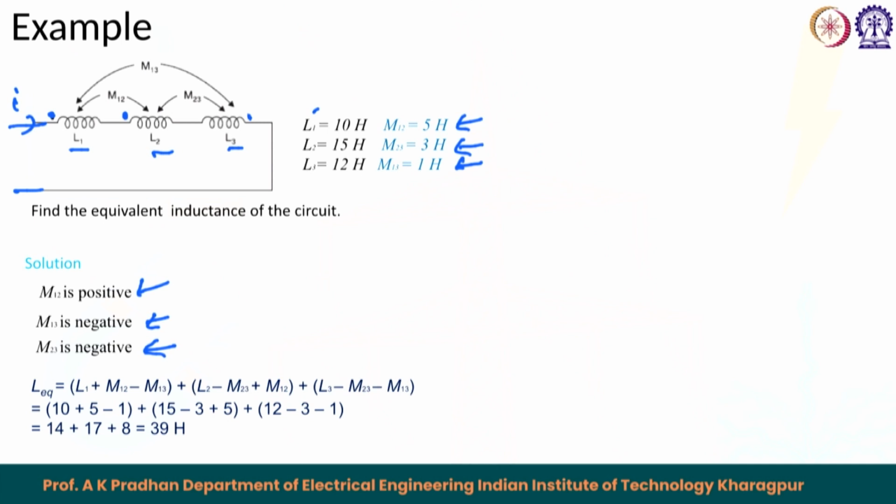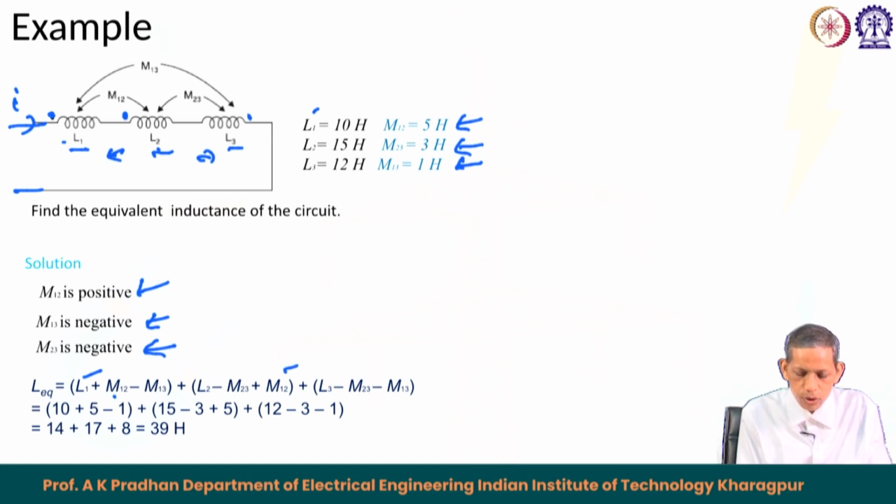So, the L equivalent in this case will be: L1 for the first coil, which has two mutual inductances with 2 and 3, so L1 plus M12 minus M13. The second coil, L2, has two mutual inductances, with L1 and with L3. With 2 and 3 it is negative, already defined, and with 1 and 2 it is positive, so L2 minus M23 plus M12.